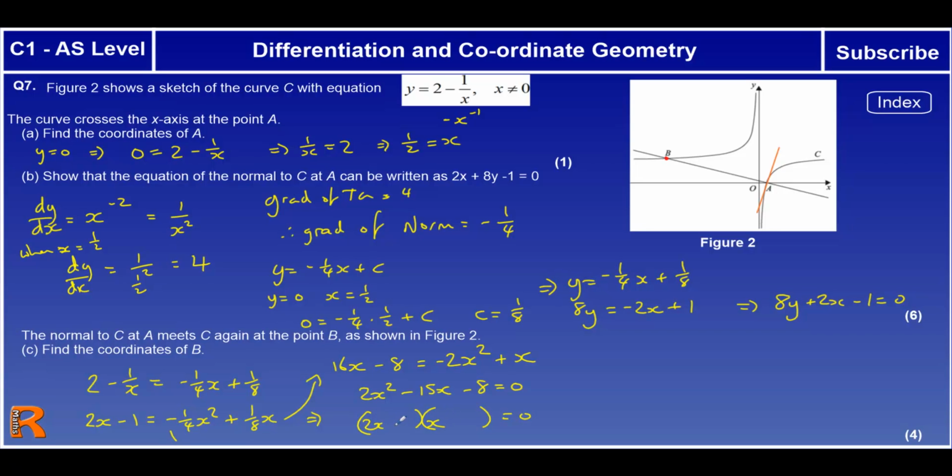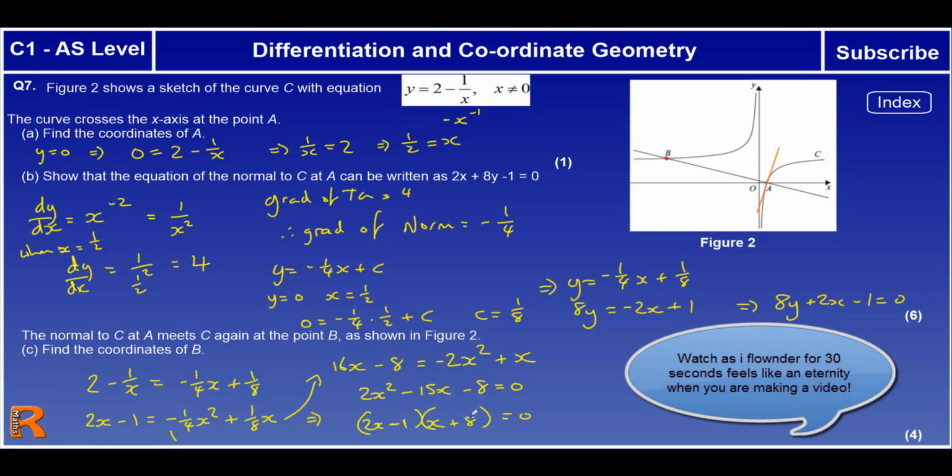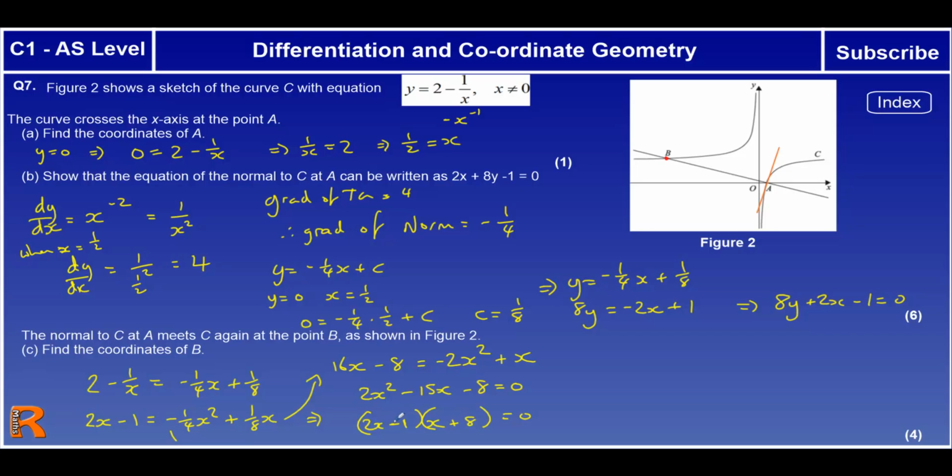So 2x and x, I'm guessing this is going to be minus 1, so that gives us a value of a half. Let's just check what that would have to be. That would have to be plus 8. So that's minus 8. 16x minus x is... I made a mistake.